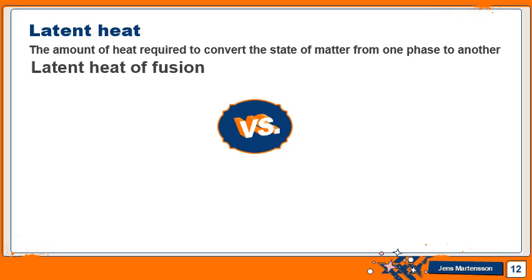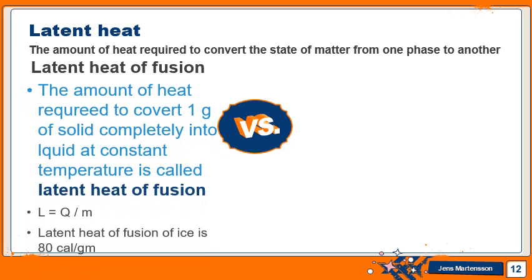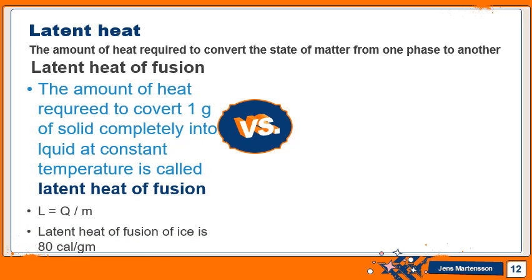Understood? Now we will see there are two types of latent heat: latent heat of fusion and latent heat of vaporization. First we will learn about latent heat of fusion. What is latent heat of fusion? The amount of heat required to convert 1 gram of a solid, let us take ice, completely into liquid at constant temperature.